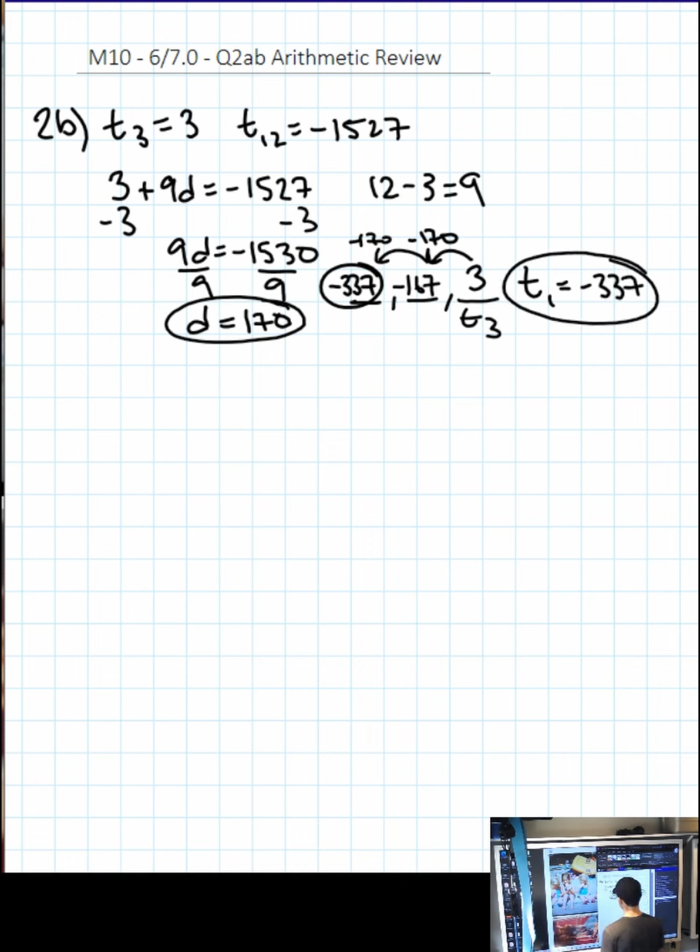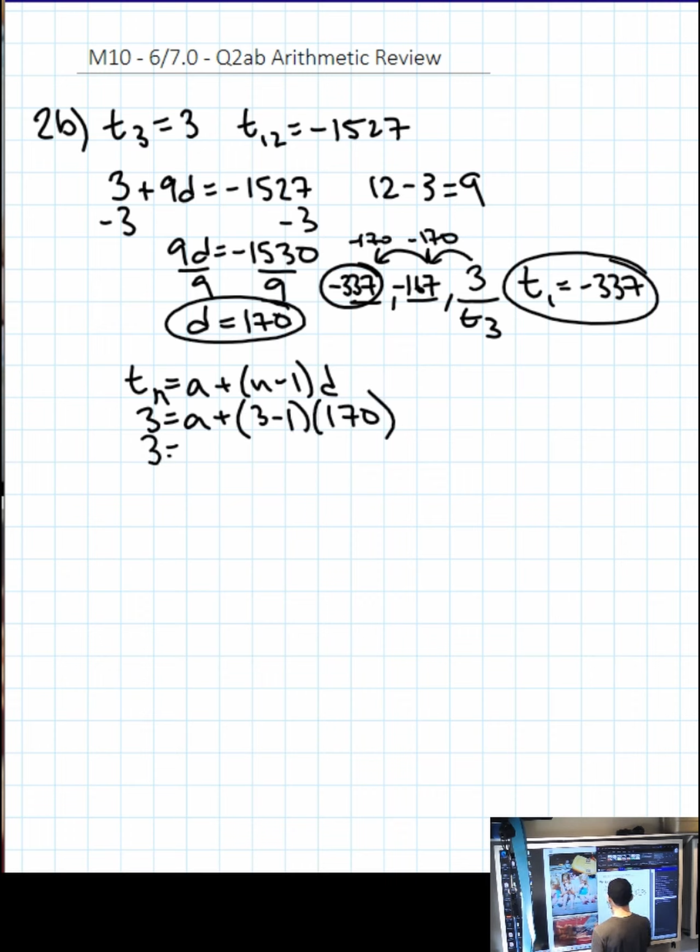Now, what if you like the formulas more? This won't involve a system, but Tn equals a plus n minus 1 d. So we just decide which term we want to use. Why don't we use term 3? Term 3 is 3. Term 3 has an n value of 3. Therefore, 3 minus 1 times the d value, 170.